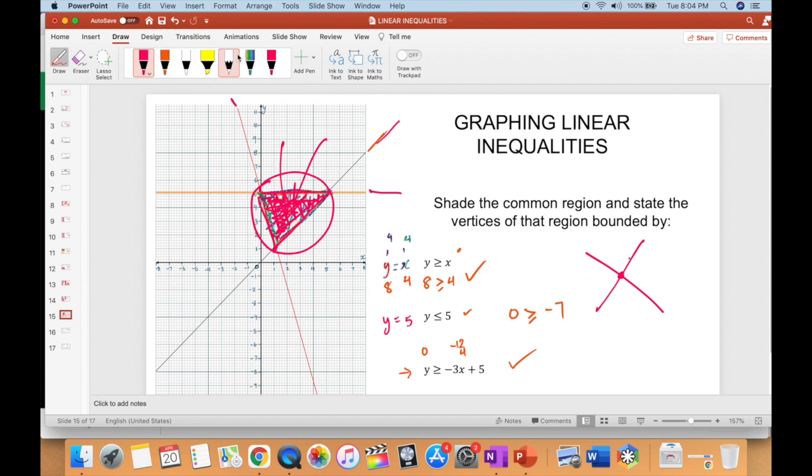If you choose any point inside of this triangle, any point inside the triangle would satisfy all three inequalities, right? And that is what we actually do. We find a region that would be true for all of these inequalities here, right?